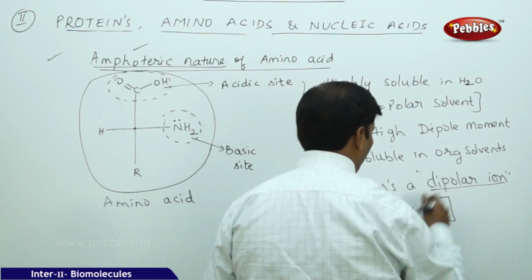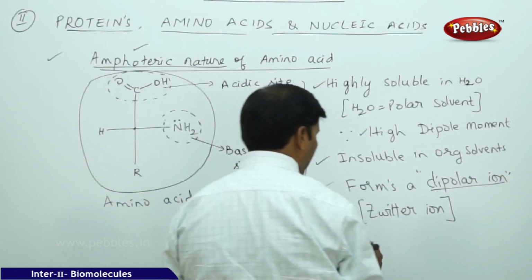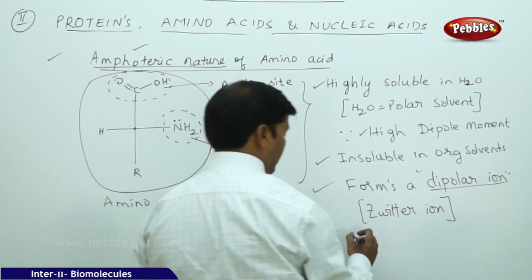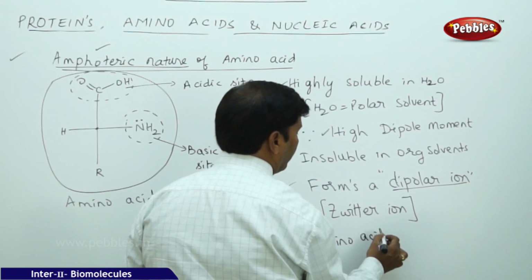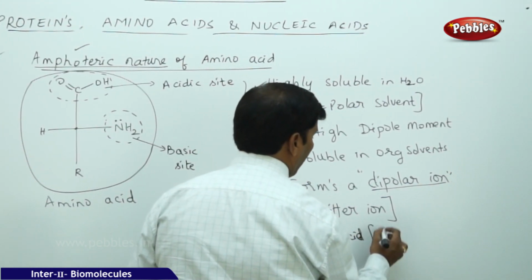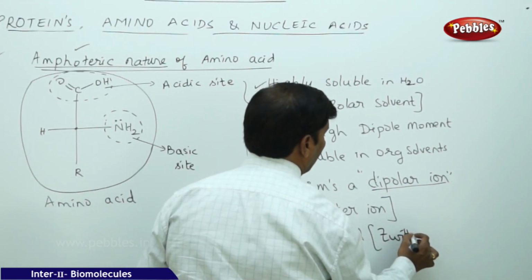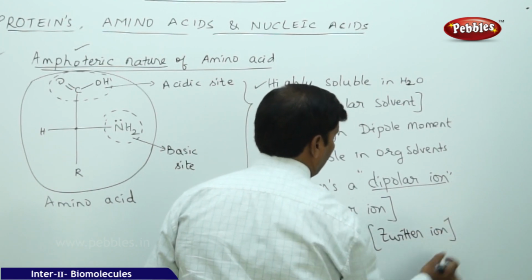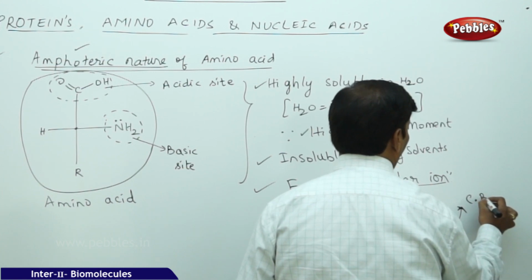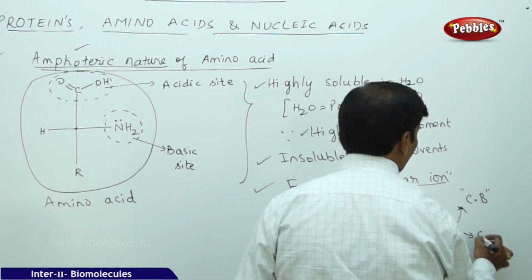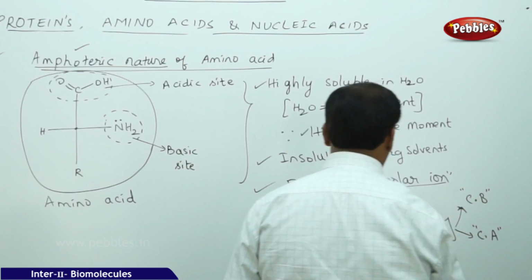When it forms the dipolar ion or Zwitter ion, the amino acid in the form of Zwitter ion contains one conjugate base and also one conjugate acid.